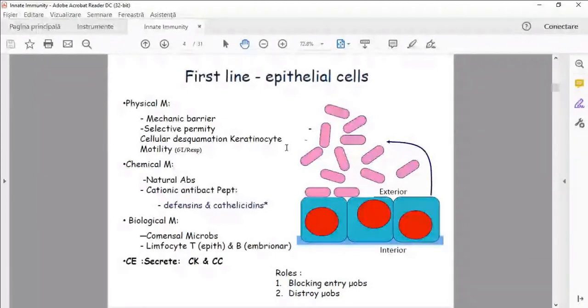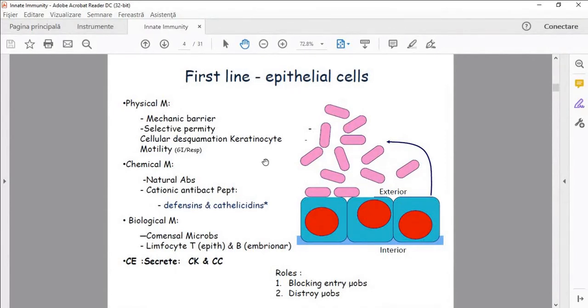Also, these commensal bacteria can be destroyed by some medication. When we use antibiotics, some of these commensal bacteria are destroyed.